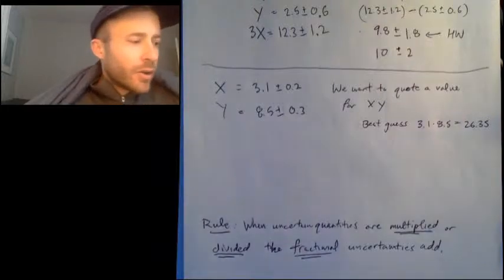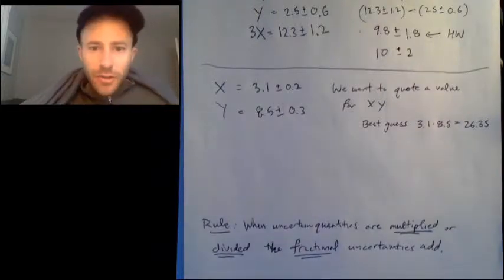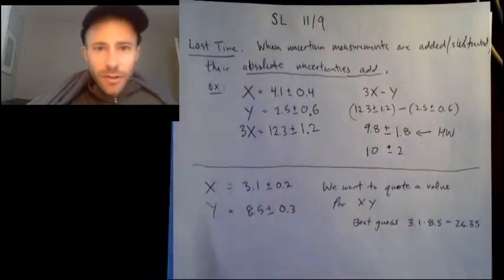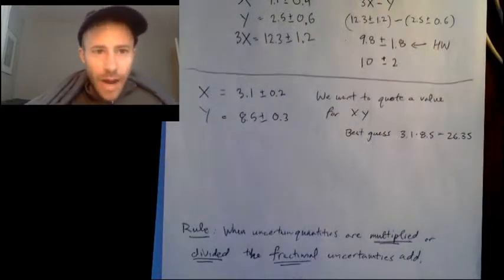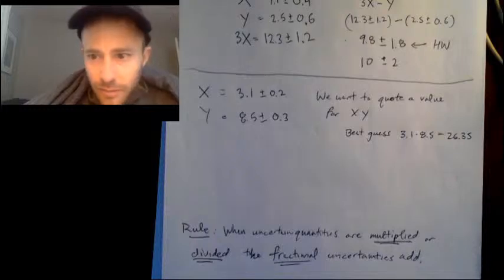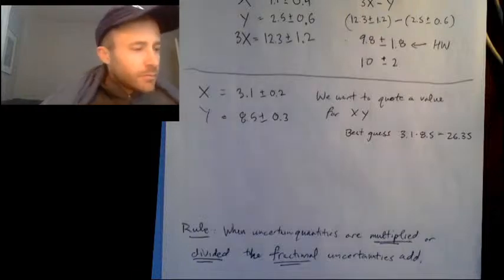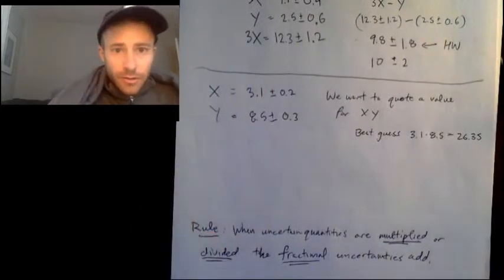Okay, so if things are added together or subtracted, it's the absolute uncertainties that add. But if they're multiplied or divided, it's the fractional uncertainties that add. Okay. So that is the major difference.